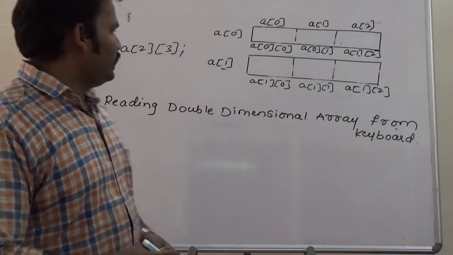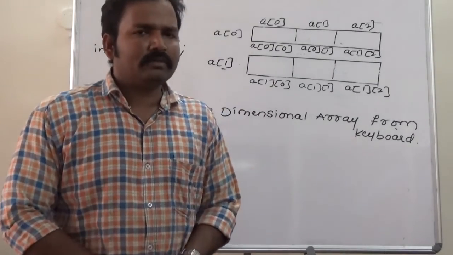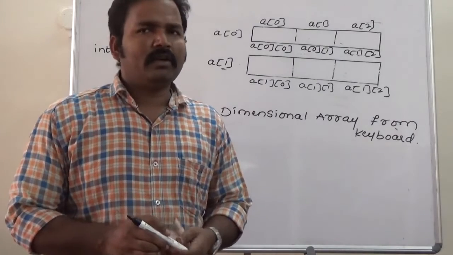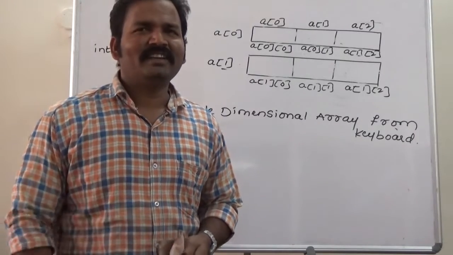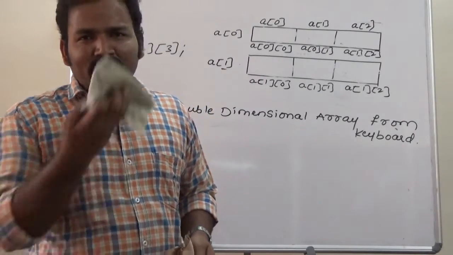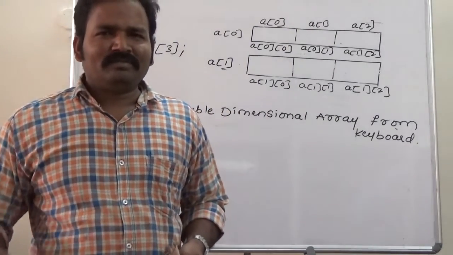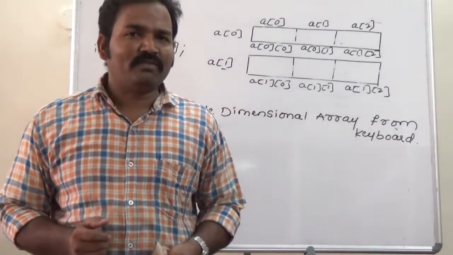Right. So reading double dimensional array from keyboard. To read double dimensional array elements from keyboard, we have to use two loops instead of writing the scanf statement repeatedly. In runtime initialization, we compulsorily have to use the scanf function.